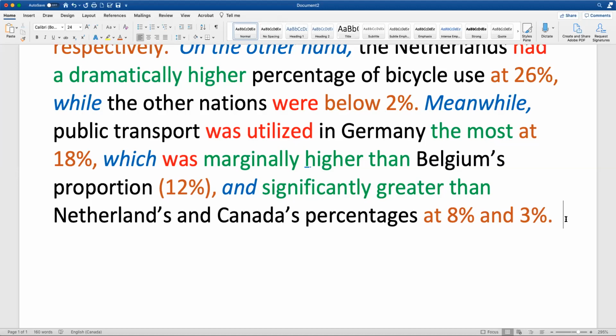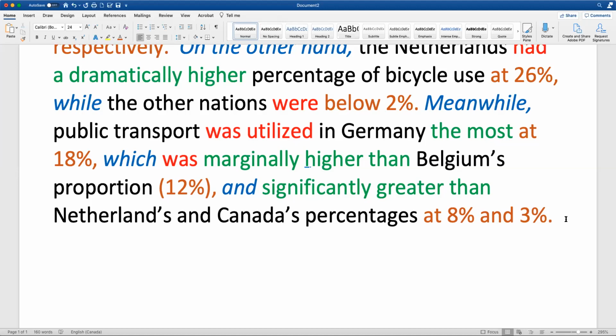Percentage. Belgium is proportional. Belgium's proportion?